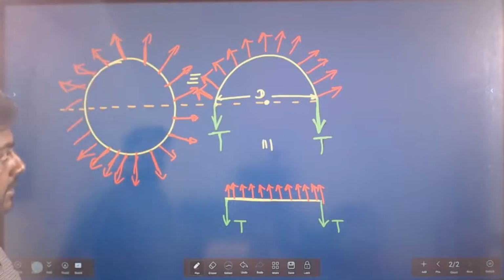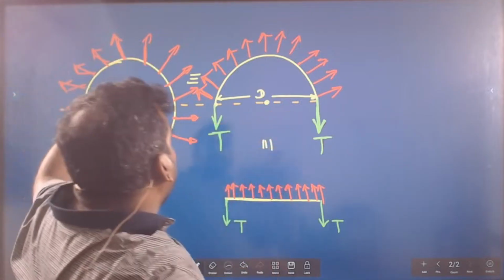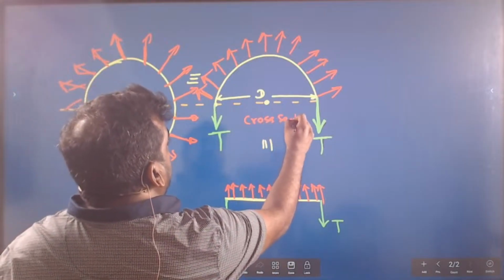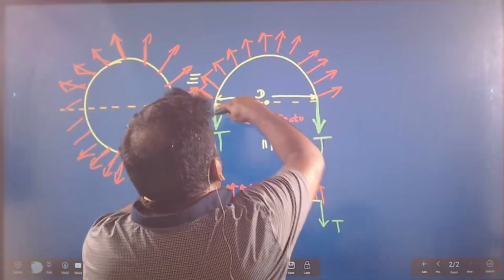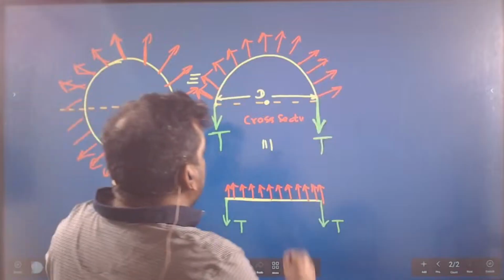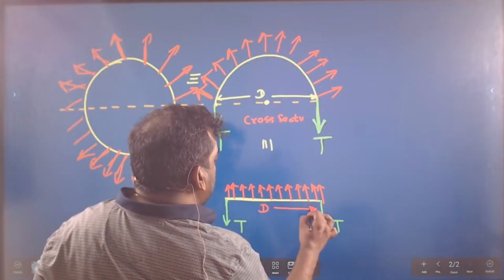Right. If I take a cross section, tension from these two ends is balanced by the surface tension force. The surface tension force is the surface tension force along the diameter.